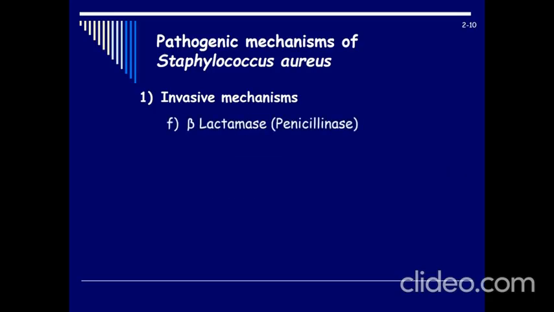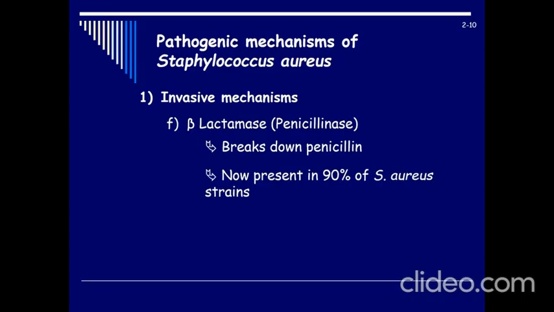The last on the list of invasive mechanisms is beta-lactamase, which also goes by penicillinase. They're the same thing. Now, it's an enzyme that's produced that will break down penicillin. And this is now present in 90% of Staphylococcus aureus strains.